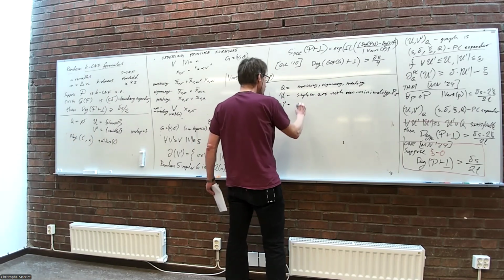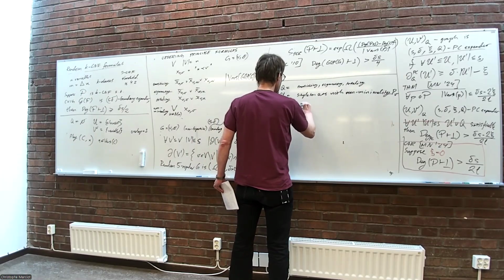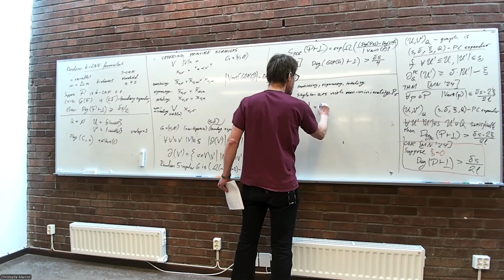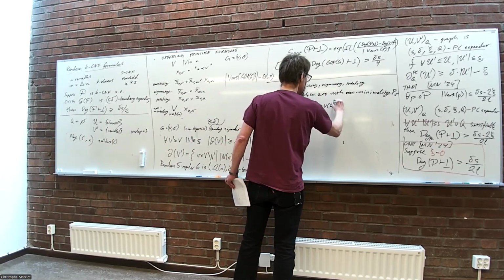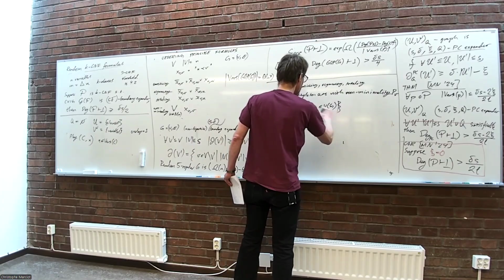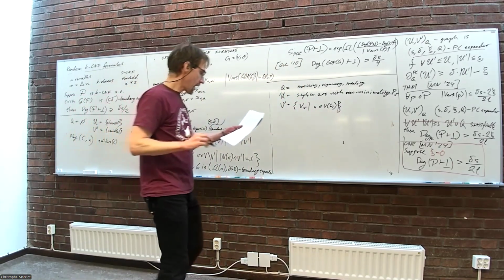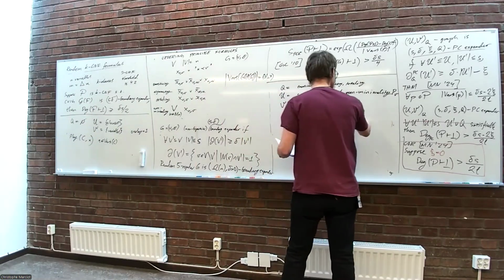The division of the variables I'm going to do is, for every vertex V in the graph, I'm going to define a set V sub V. And this is going to be the following.